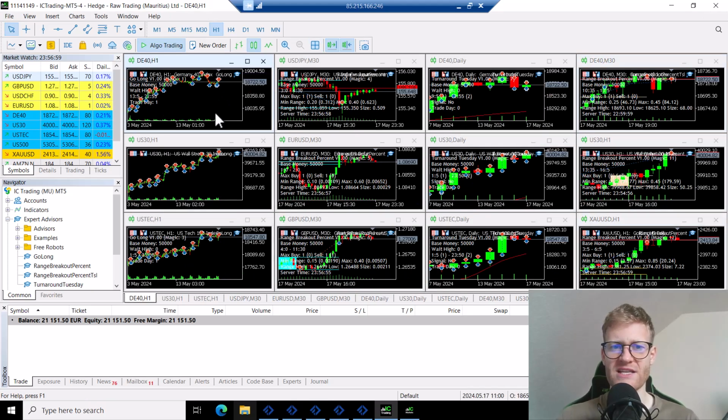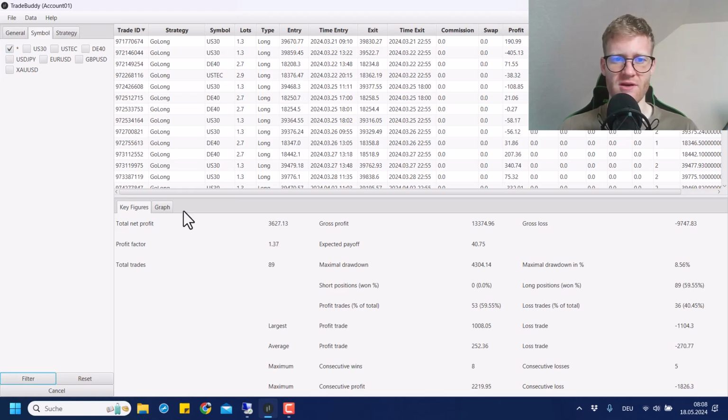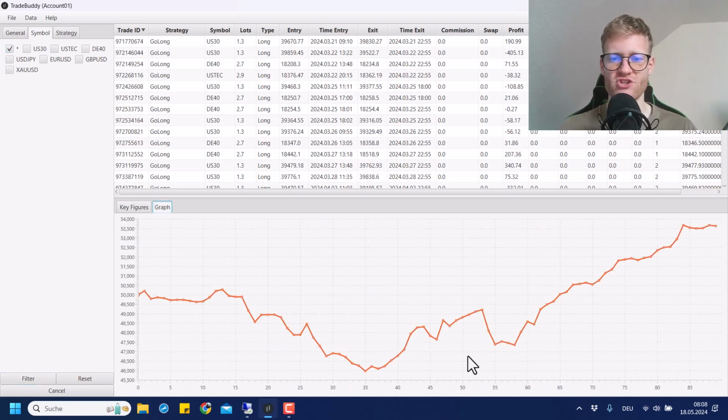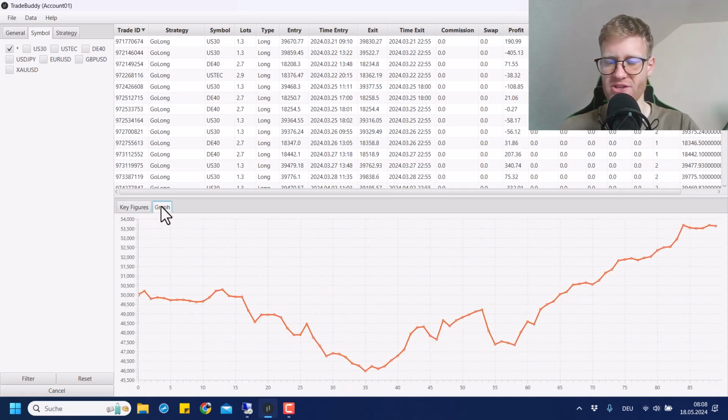In the future, I expect it to go more along with the overall performance of the underlying index. But if we now go here, see the overview for the go long strategy again, it's just doing great. It's super profitable. Most of the profits are coming from US tech right now, as I explained and showed before. But this is making me happy, because there are 3.6K of actual live money profits, which is great.